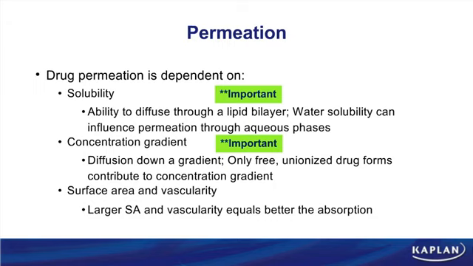When it comes to vascularity, if you think about different types of administrations, an intramuscular injection compared to a subcutaneous injection, for example, the intramuscular injection is obviously going to be absorbed faster into the body because muscles are more vascular compared to fat. So the subcutaneous route is going to be a slower route compared to IM.